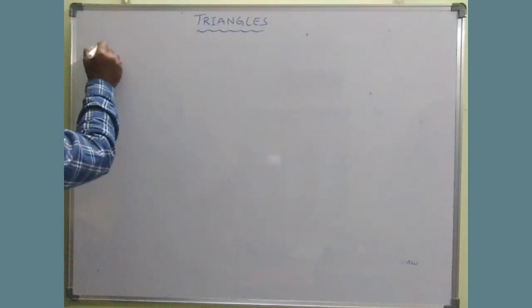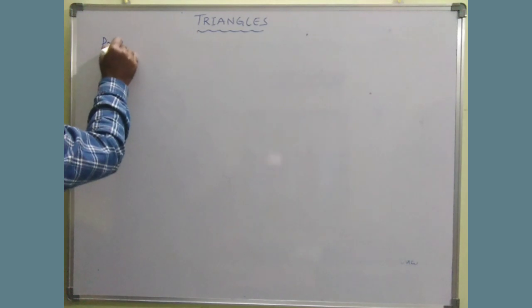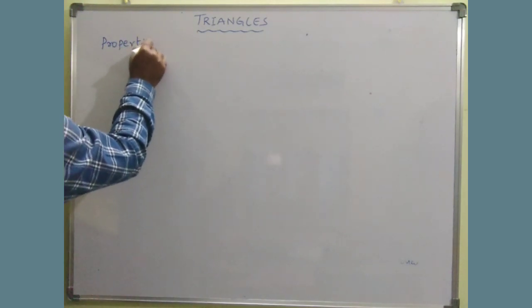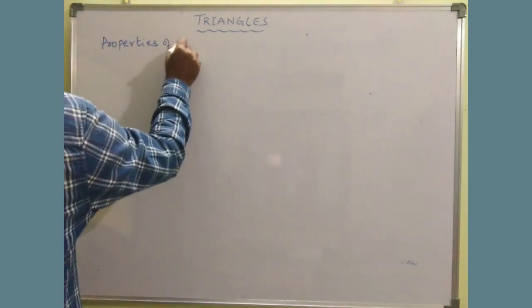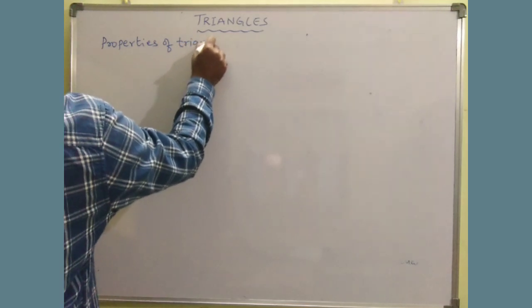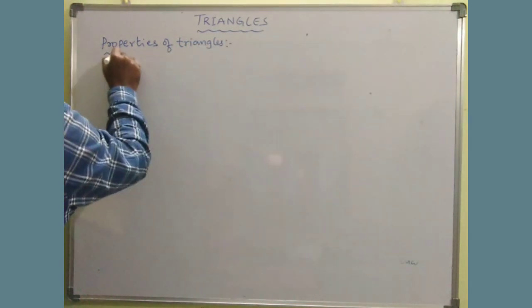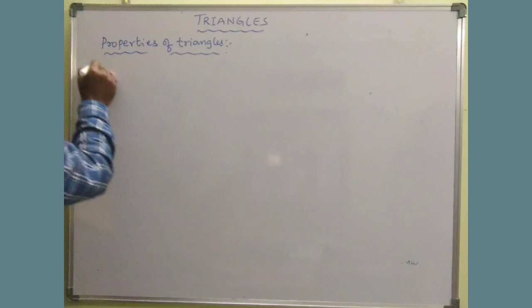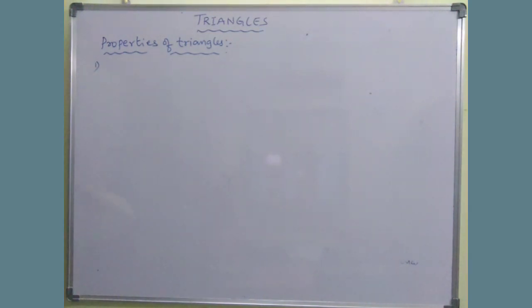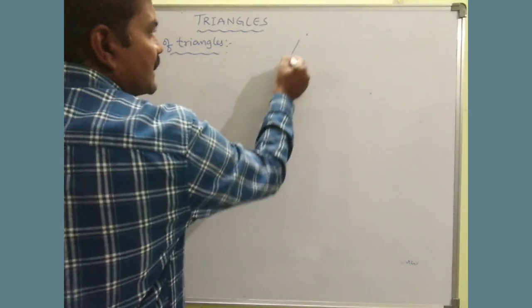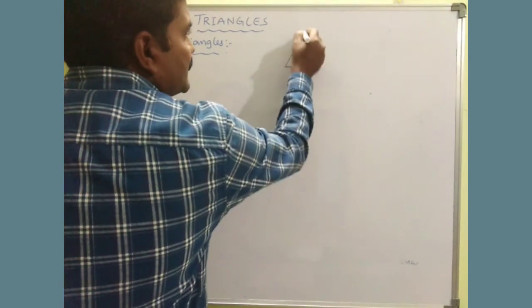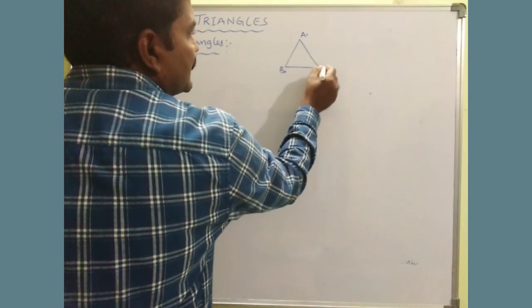So coming to the properties of triangles. Before that, let us consider ABC to be the triangle.